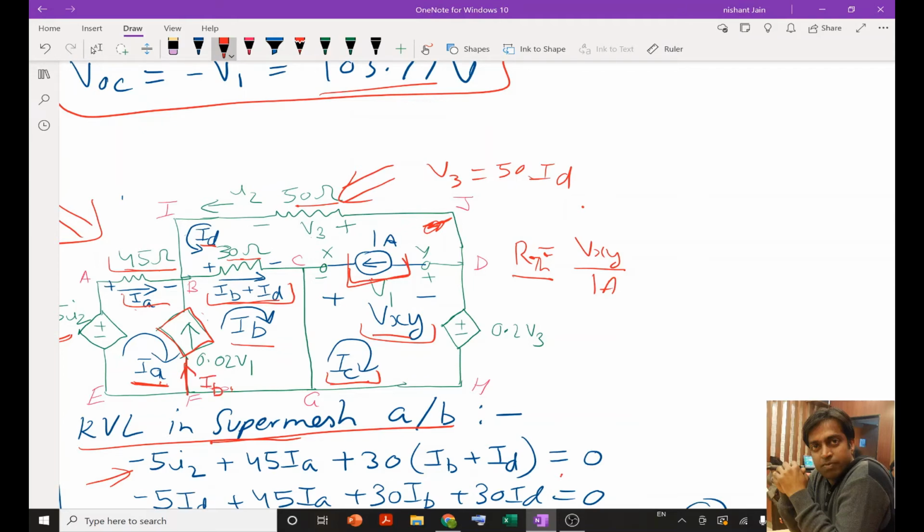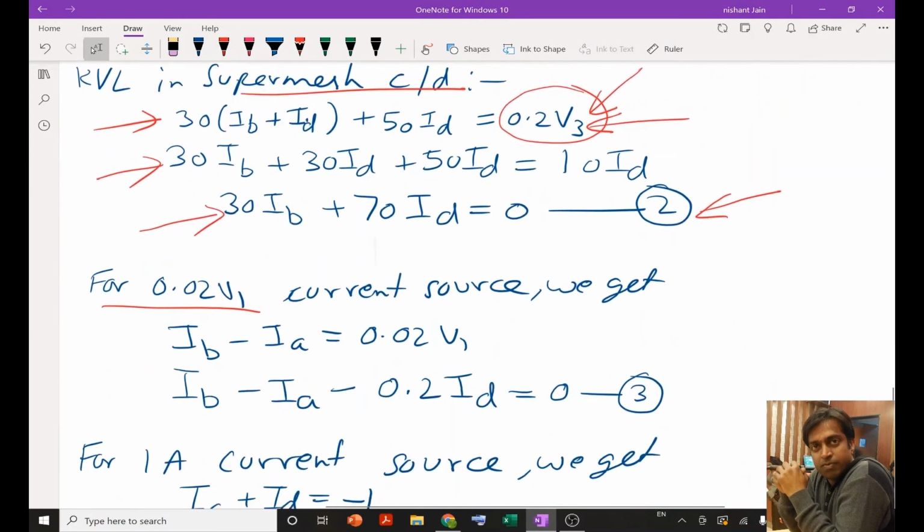So the effective current in this branch will be IB minus IA, and this current should be equal to the dependent current source value, right? So it means that our 0.02 V1 should be equal to IB minus IA. So the same equation I put over here.